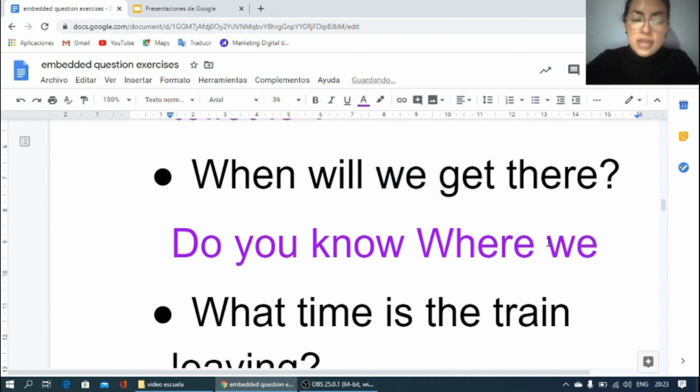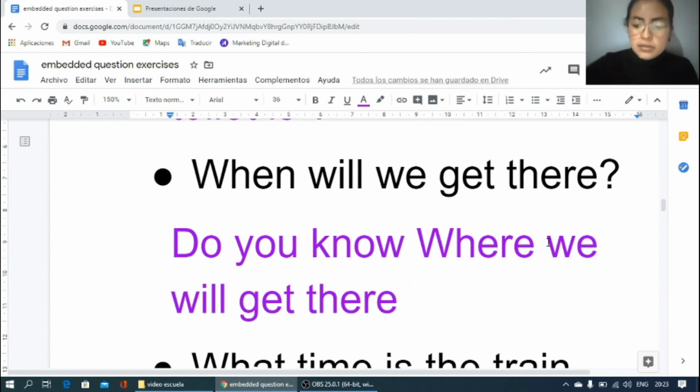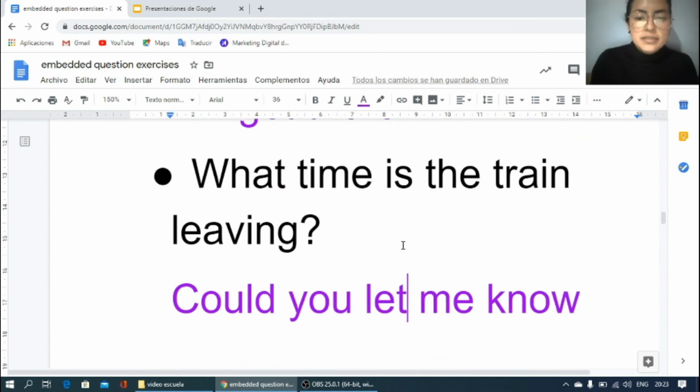You have to put the auxiliary will and the verb get and the complement there. In this case, I have to put the question mark. Why? Because we are using the introduction question. Do you know? Okay? Let's practice with this.